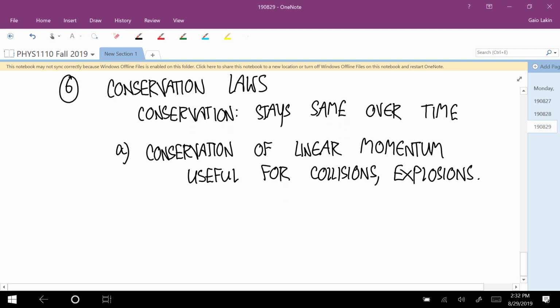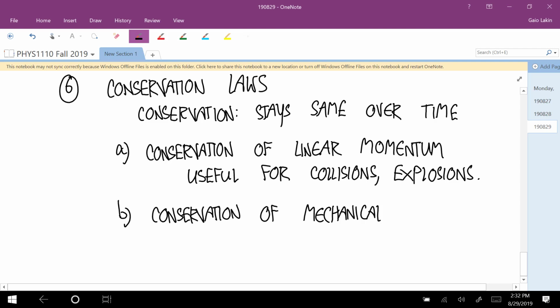And the second conservation law, the more important of these two, is conservation of mechanical energy. Conservation of energy is one of the most important universal laws in all of science.